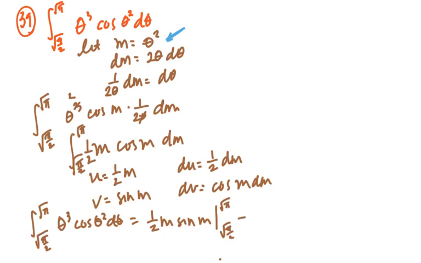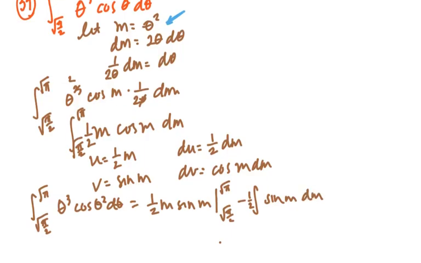Minus, that's u times v, minus the integration of v, which is sine of m, du, which is 1/2, and I'm going to put that out front, dm, because it's a constant.